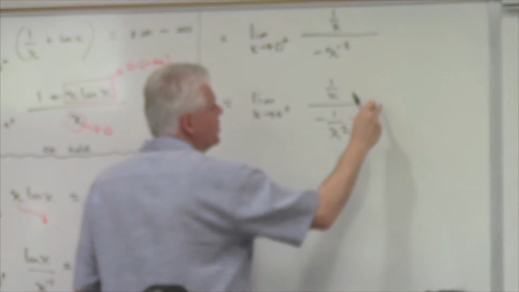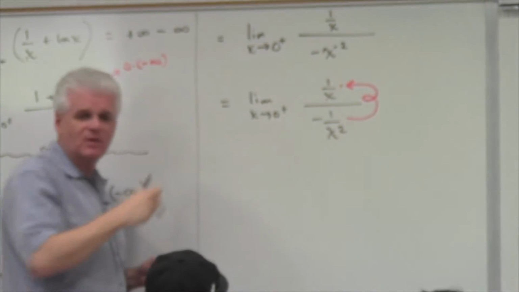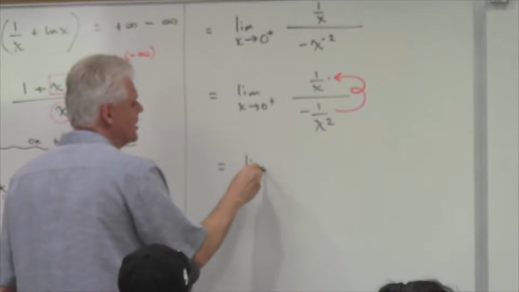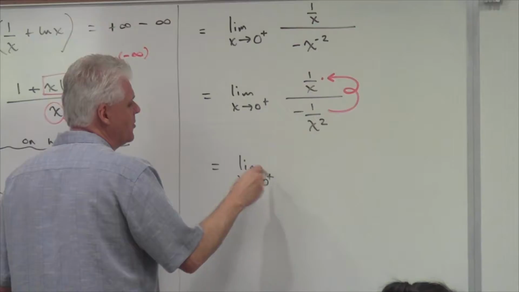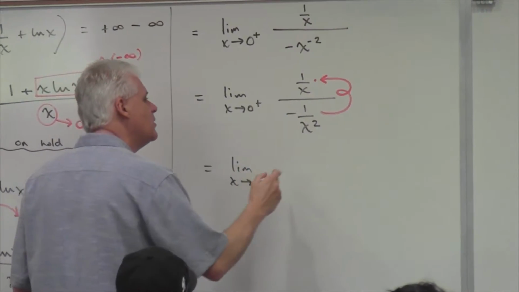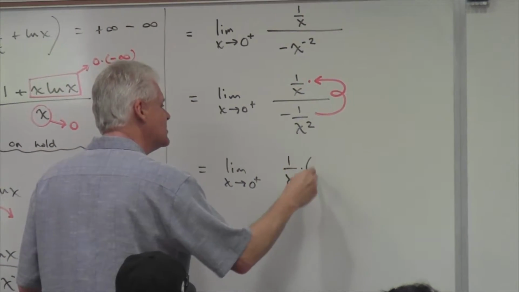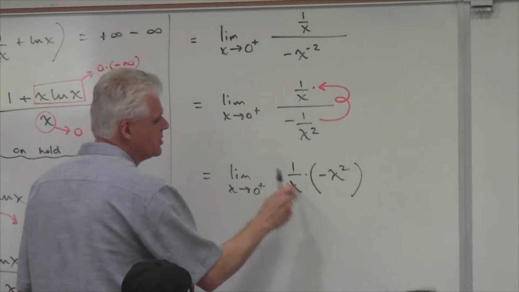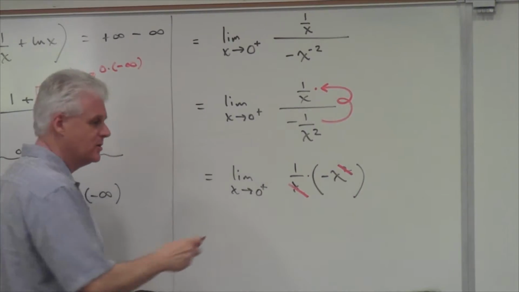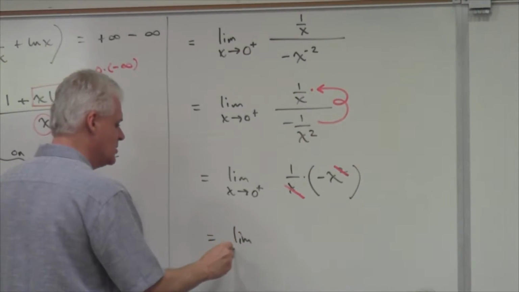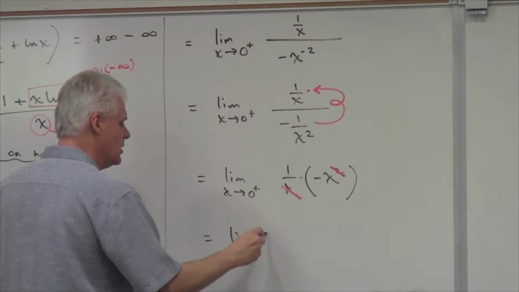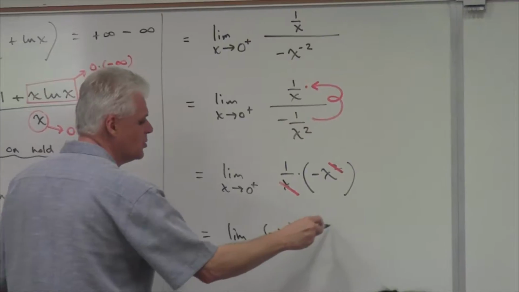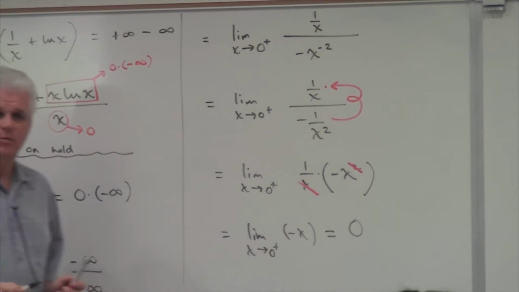I can invert and multiply because I'm taking a fraction divided by another, and I get the limit as x heads towards 0 from the right of 1 over x times negative x squared. That reduces to negative x. The limit as x heads towards 0 from the right of negative x, which would be 0.